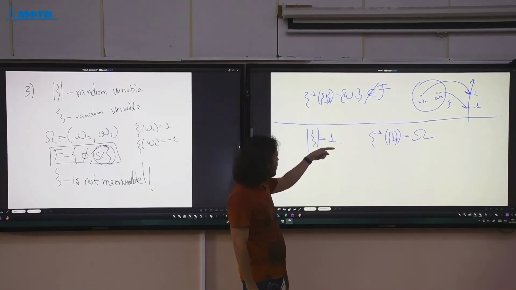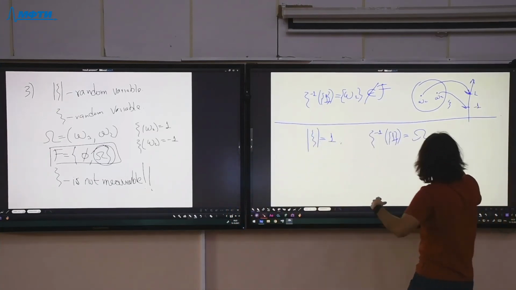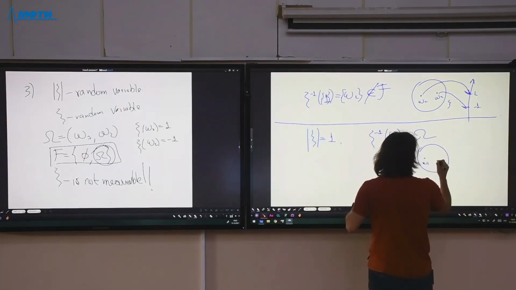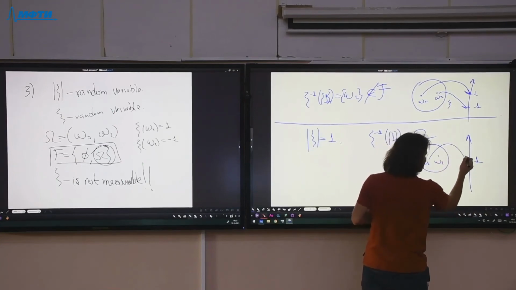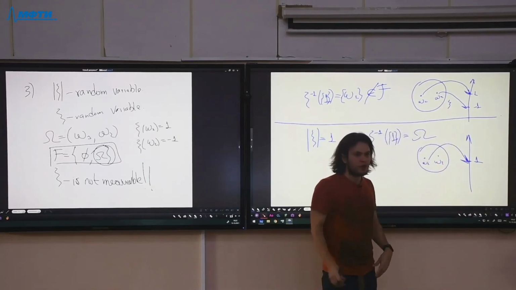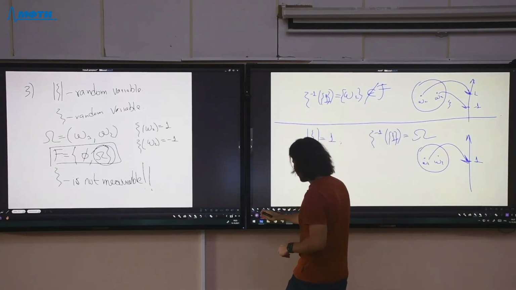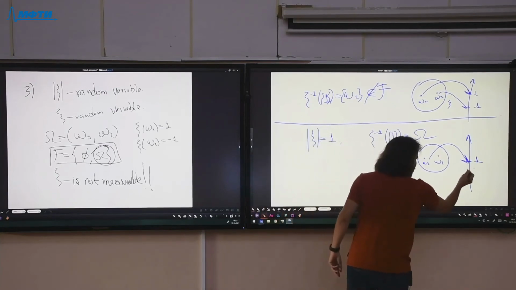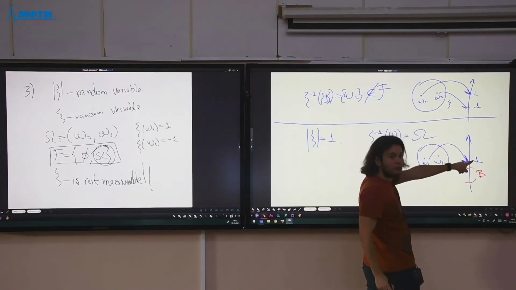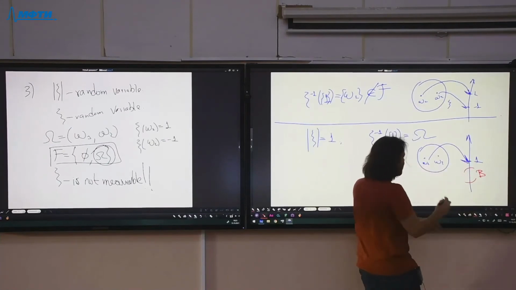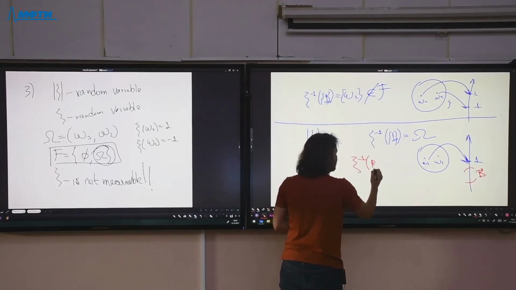Here, omega 1 and omega 2 both go to 1. So for every possible Borel set B, we have only two options. Maybe B doesn't contain 1. If B doesn't contain 1, then what is the preimage of this B?